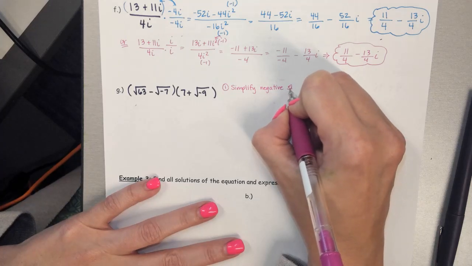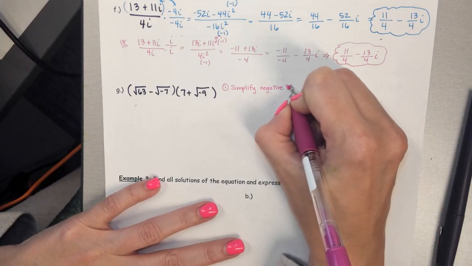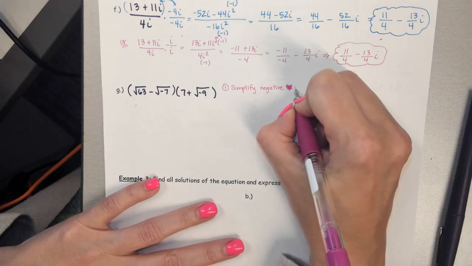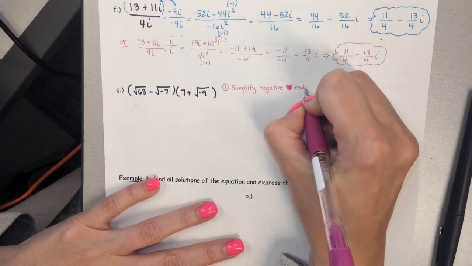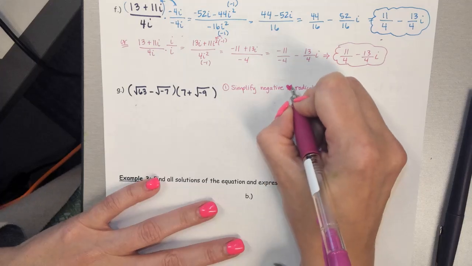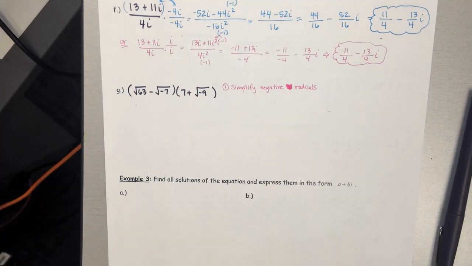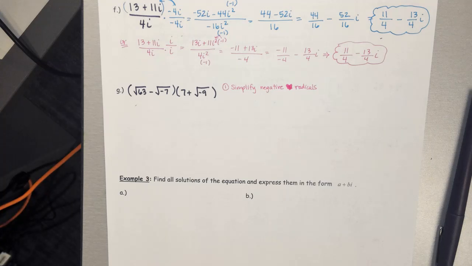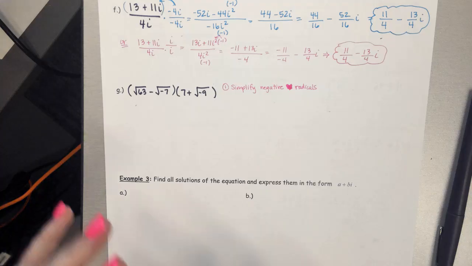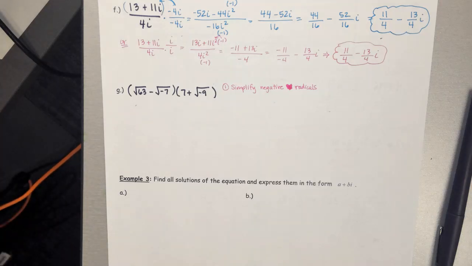Oops, not an S. Okay, so we're going to simplify negative radicals. And if I make a mistake, I normally make a heart. Or I do have my whiteout pens this year. Okay, so when you're simplifying negative radicals, you just have to keep in mind that the i is going to come out in front.